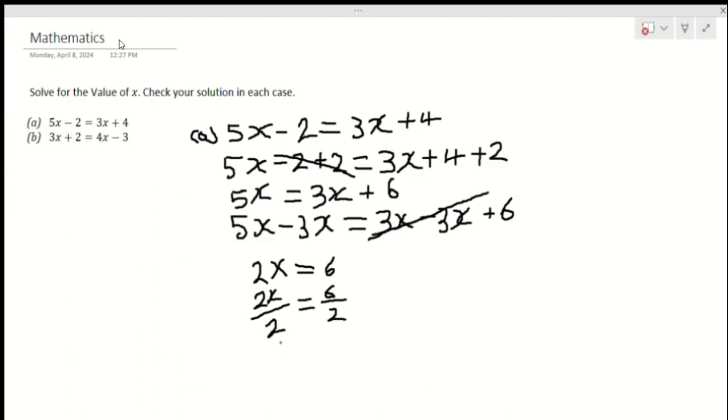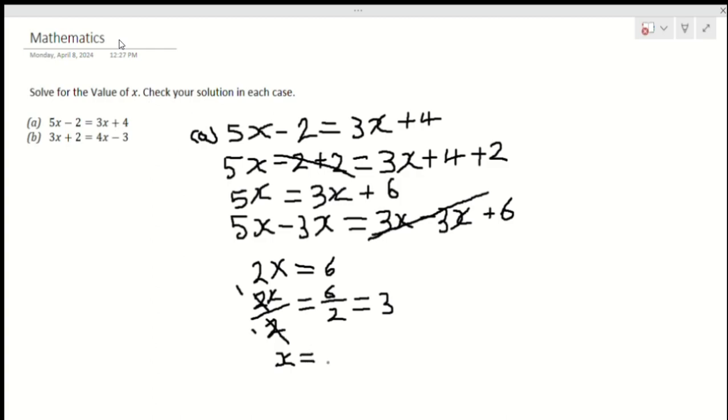This will cancel out. 2 into 2 goes 1 time, 2 into 2 goes 1 time, so these cancel out. 2 into 6 goes 3 times, so the answer here would be x equal 3. That would be the answer.